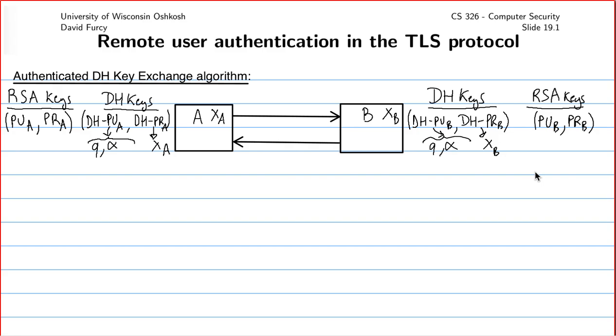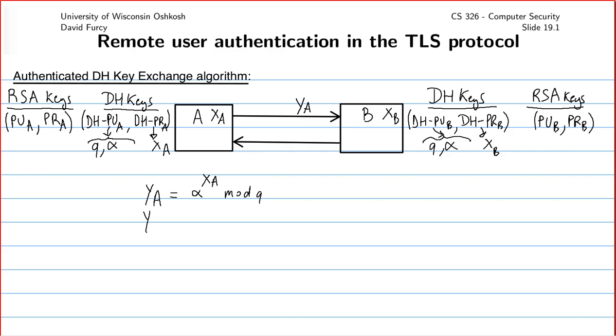Okay, so the next step in the algorithm after x sub A and x sub B have been chosen is for Alice to compute the following value, y sub A. And this is done by raising alpha to the power of x sub A and then taking the modulo of the result, modulo Q. And so this value y sub A is going to be computed by Alice and sent over to Bob.